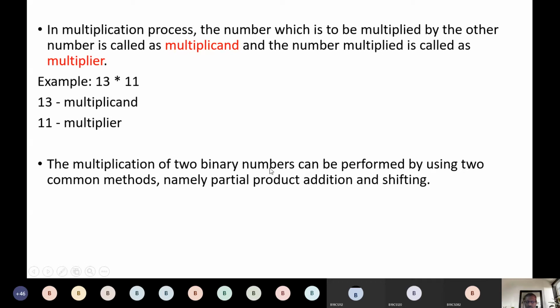First we look at an example where we convert 13 and 11 into binary numbers and multiply them, representing the binary numbers in 4 bits.